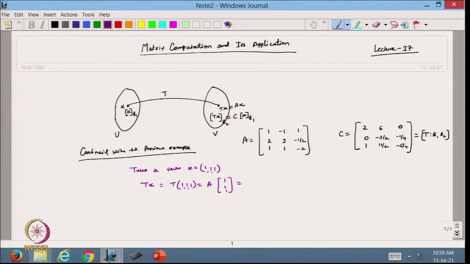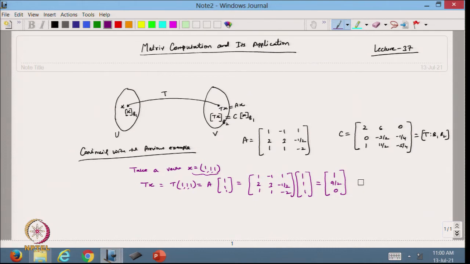So it is 1, 2, 1; minus 1, 3, 1; 1, minus half, minus 2, times (1, 1, 1). From here it is 1 plus 2 plus 1, which is 4; minus 1 plus 3 plus 1, which is 3; and 1 minus half minus 2. So this is the image of this vector x.